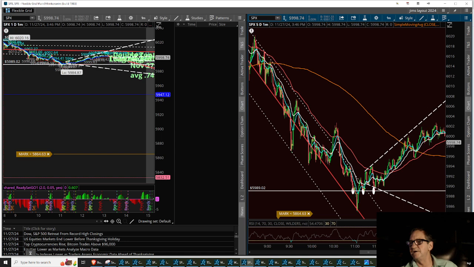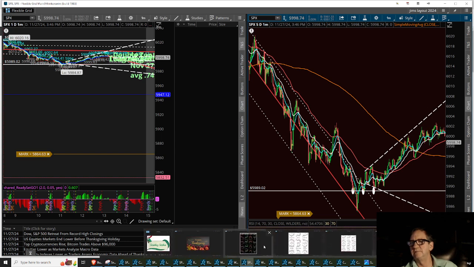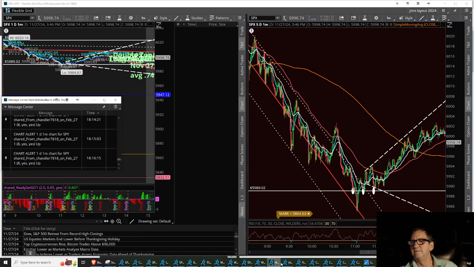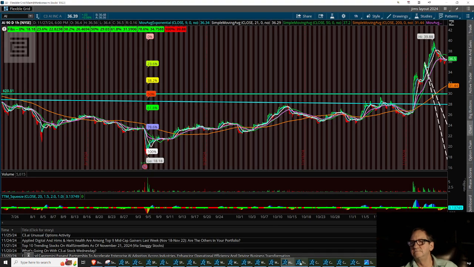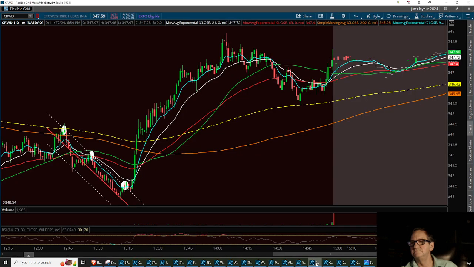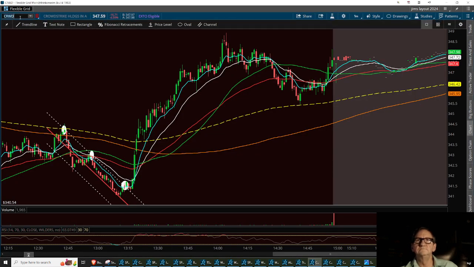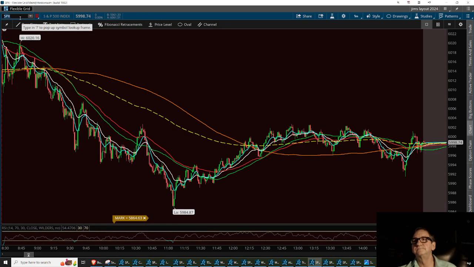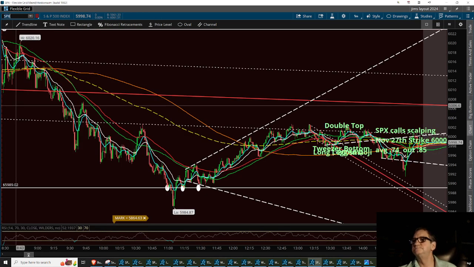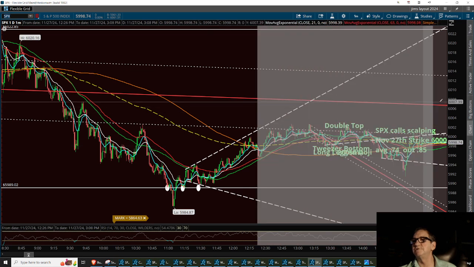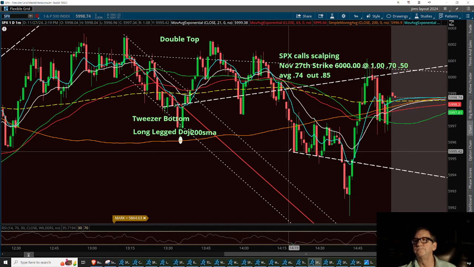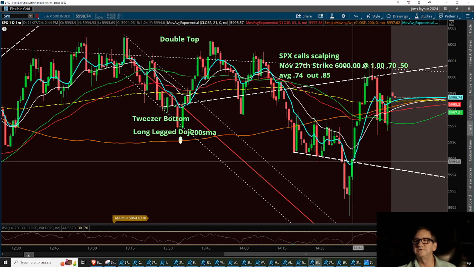Here's the SPX. I traded this a lot Friday. This is my daily trader. See, I've got a couple trades right here that I called out. Called this one into close.